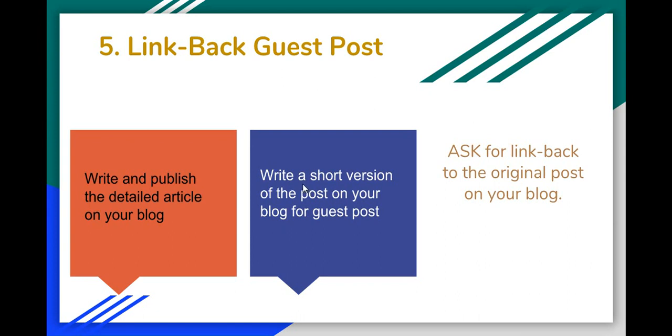So it is not categorized as plagiarism, and Google says, okay, this is a very good article, and this is also a good article, and this one has a reference to that one. And when people come to your website and read the detailed article, they feel much more comfortable. The original referrer also has the trust, and you yourself have this trust. So everyone is gaining. Everyone is winning in this situation.